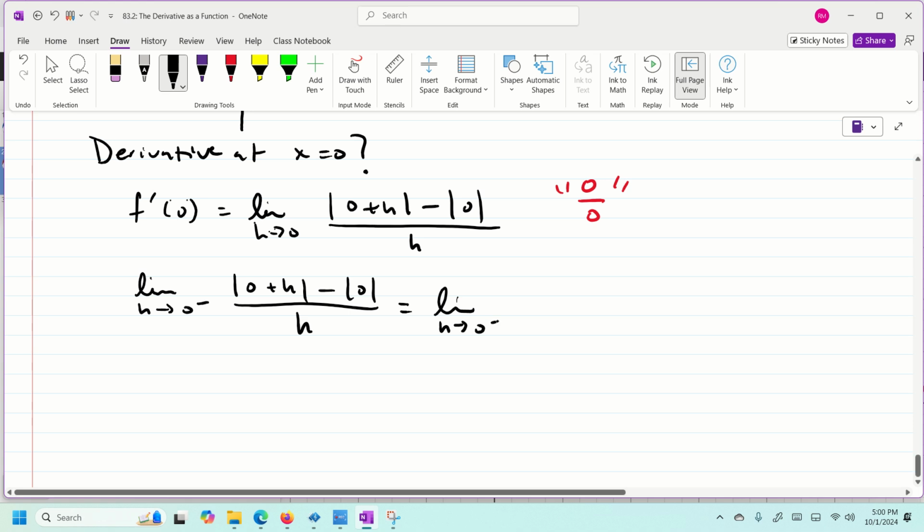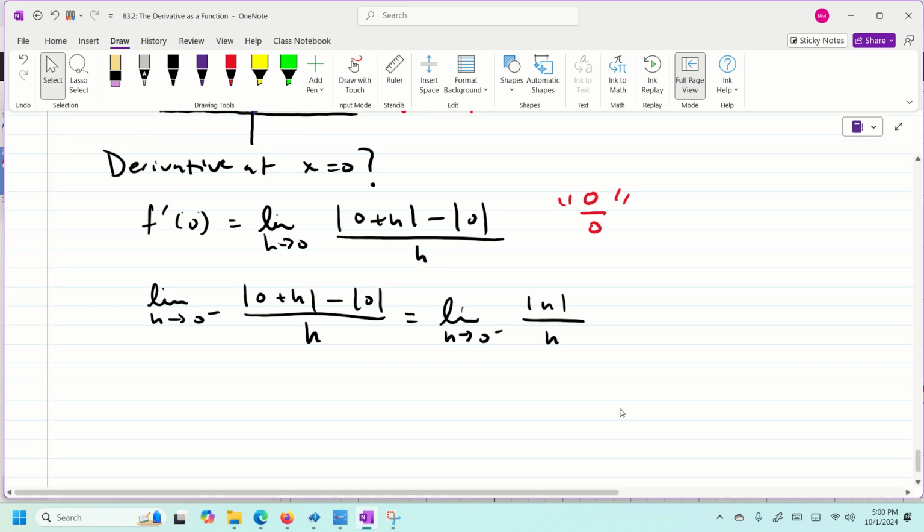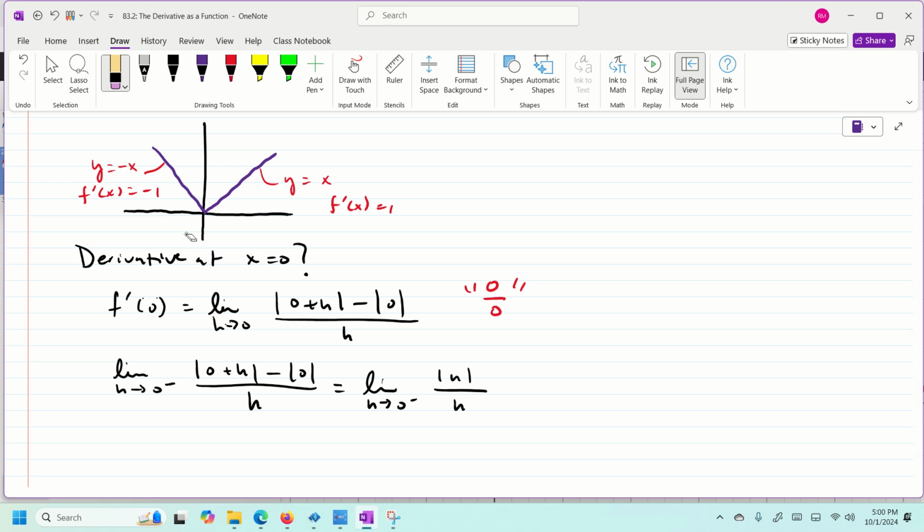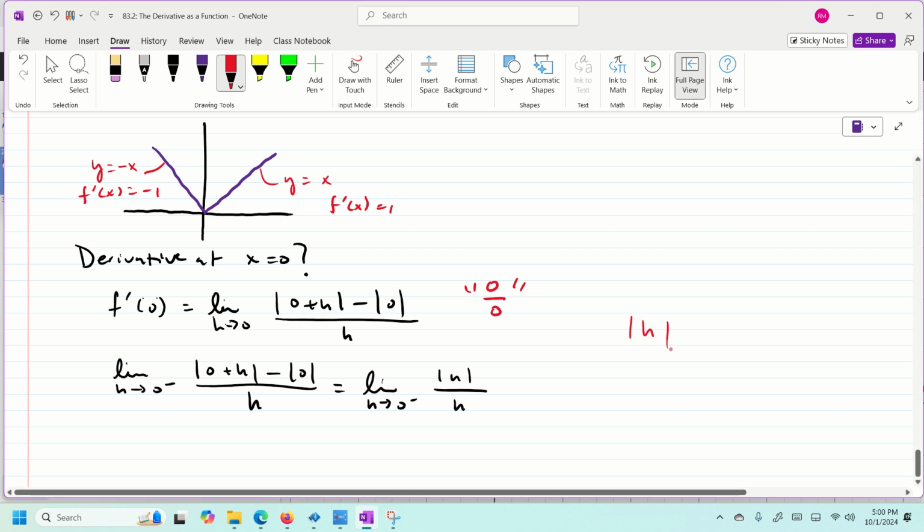So if we're coming in from the left-hand side, our expression simplifies to the absolute value of h divided by h. And if we take values of h a little bit to the left of 0, over here, those values of h are going to be negative. So if h is a negative number, what happens when you take the absolute value of h? Like, let's say you took the absolute value of negative 3. What do you get out? You get positive 3 out.